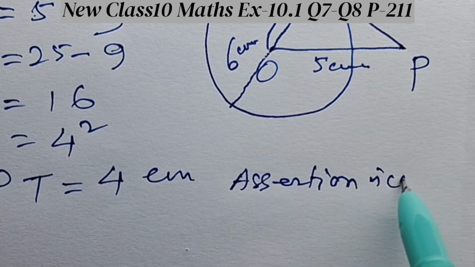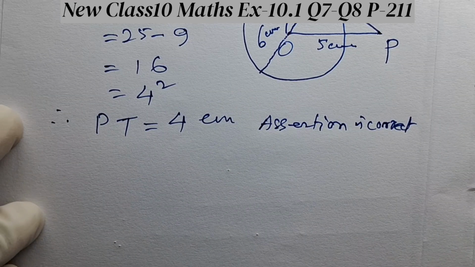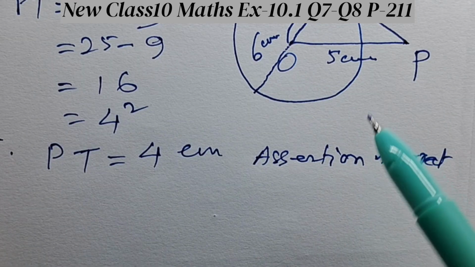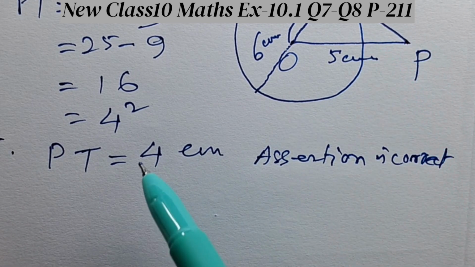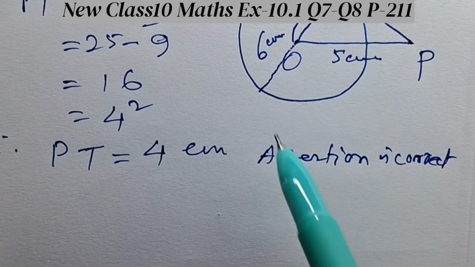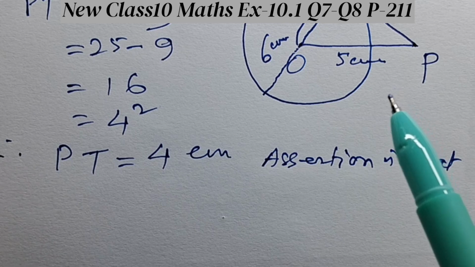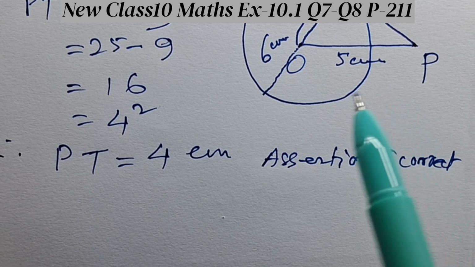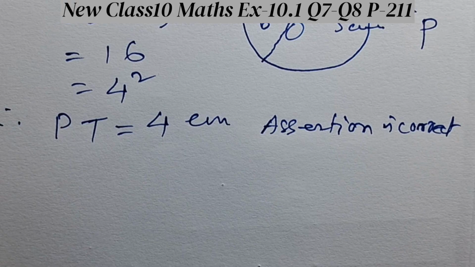Now the reason says the radius is perpendicular to the tangent. Yes, the radius is perpendicular to the tangent, and for this reason this is a right triangle, and since it is a right triangle, we can use the Pythagoras theorem formula to calculate PT.